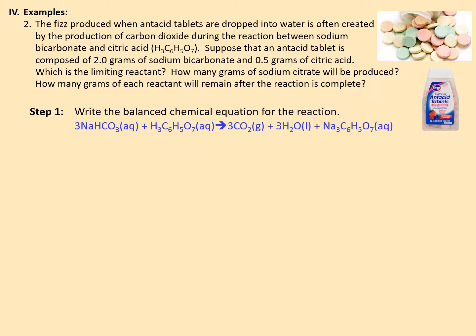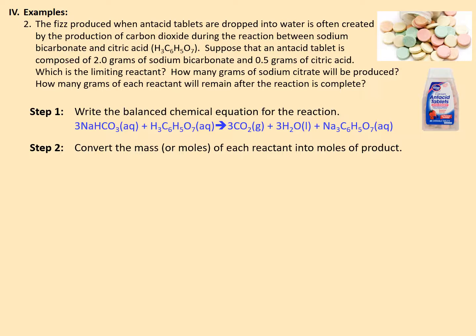So like I say, don't worry too much about predicting these products yet. We will take a look at this in greater detail in our unit on acids and bases. Second step, convert the mass or moles of each reactant into moles of product.